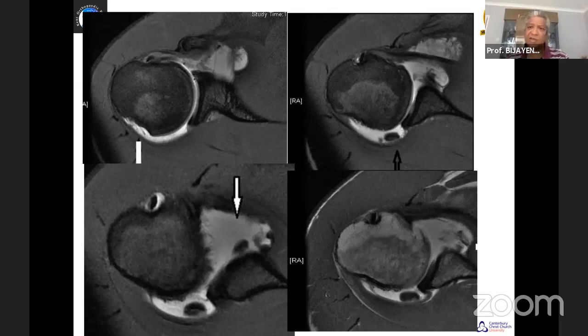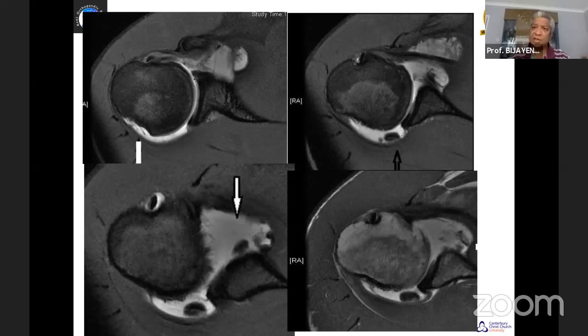At the front, I can see the disruption of the capsule and the labrum, perhaps a small avulsion from the bone. And looking at the top two images, I can see there is some dye within the soft tissue outside of the capsule. So this is suggestive that this is a radiologist performed arthrogram.